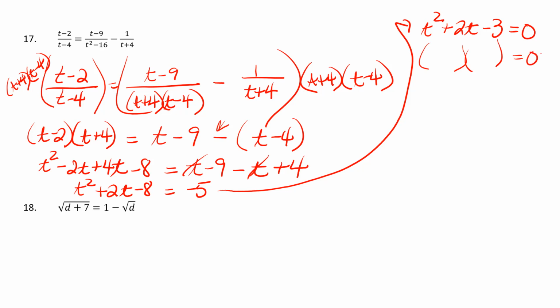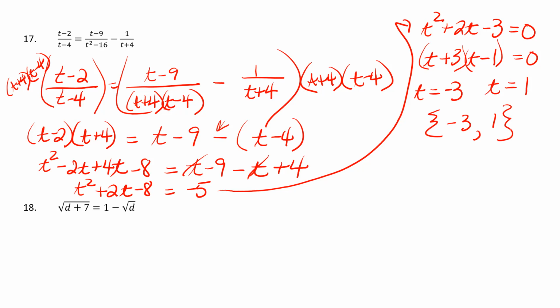I would not use the quadratic formula here. t and t, 3 times 1 is going to give you 3, and you can make it equal 2 when you add up positive 3 and a negative 1. So this means that t would have to be negative 3 or t is 1, because that's what would make t plus 3 0 or t minus 1 0, and that's the only way you can multiply together to get 0, is if one of them is 0. So your solution set here is negative 3 and 1.